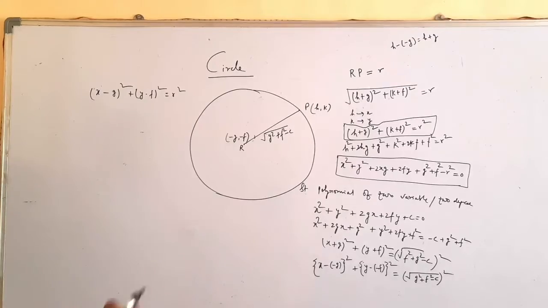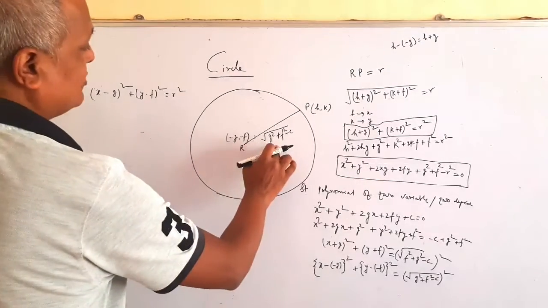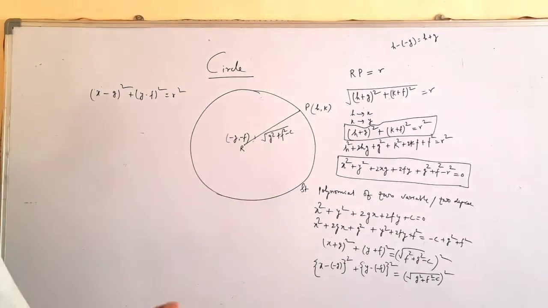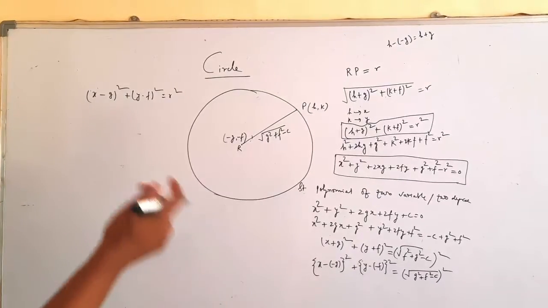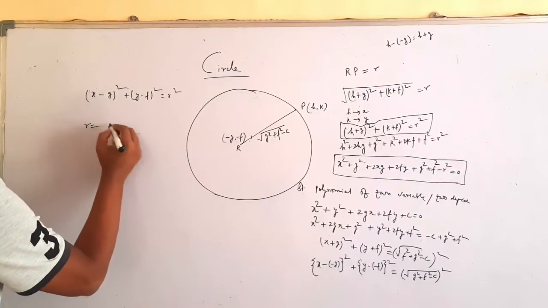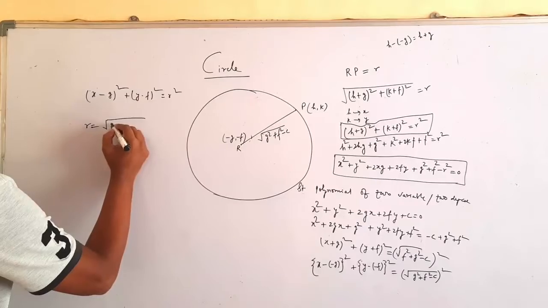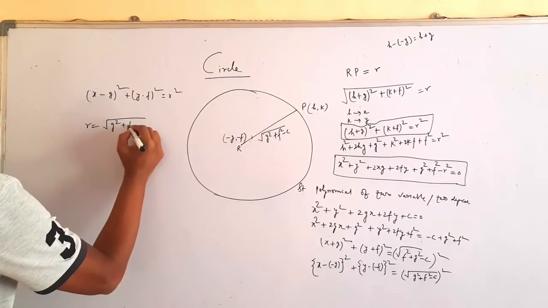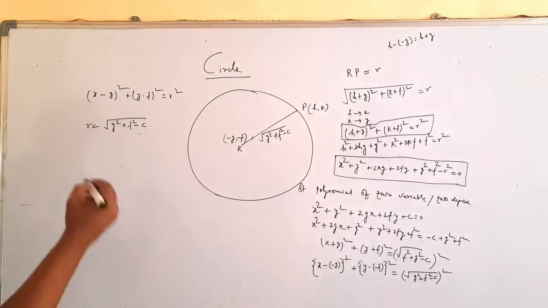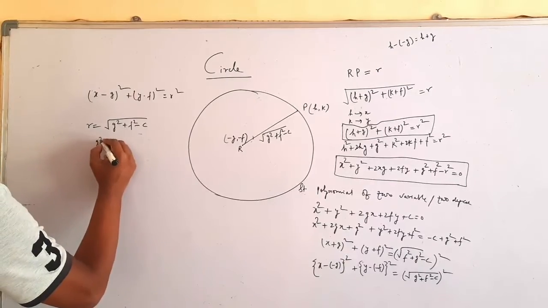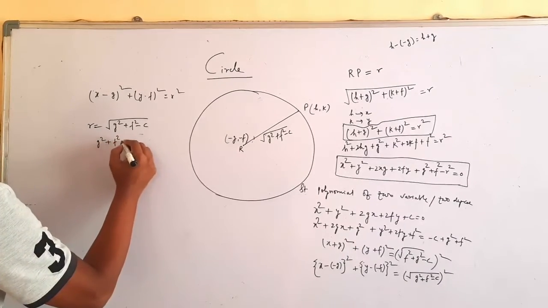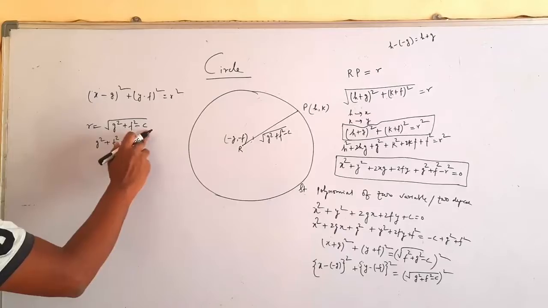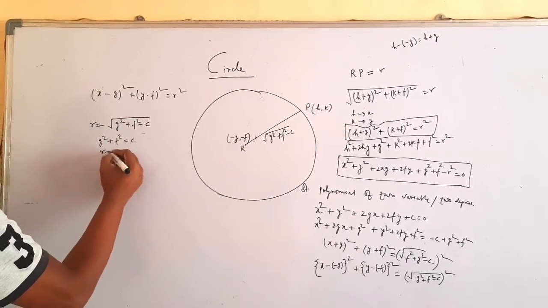Now you know that this is a square root, so we can have different kinds of situations. The radius r is under root g square plus f square minus c. Suppose g square plus f square is c, then c minus c, the radius will become 0.